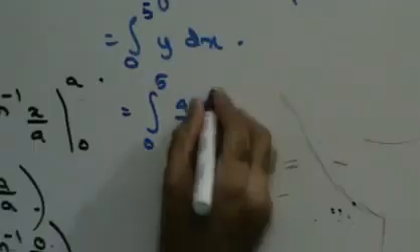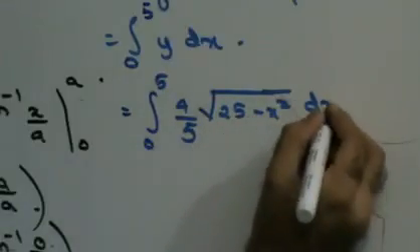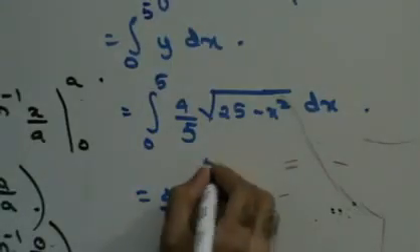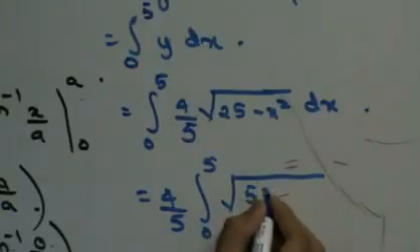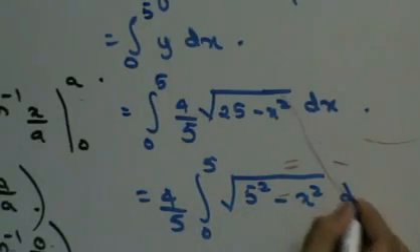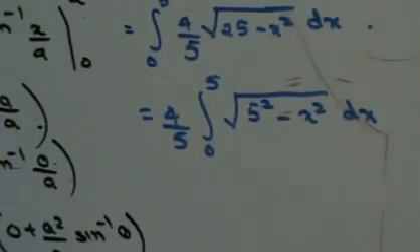I'm substituting the value of y: the integral from 0 to 5 of 4 by 5 root of 25 minus x square with respect to x. Whatever is constant goes outside the integral. 25 can be written as 5 square, root of 5 square minus x square with respect to x. We already used this formula for a square minus x square.